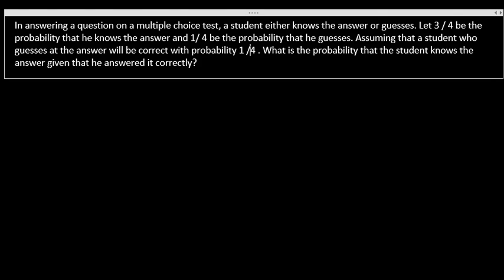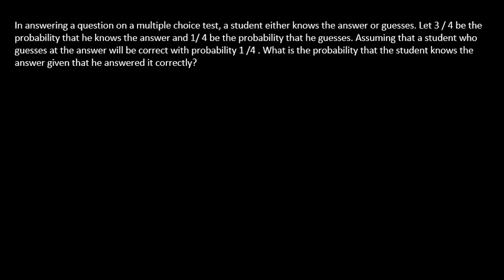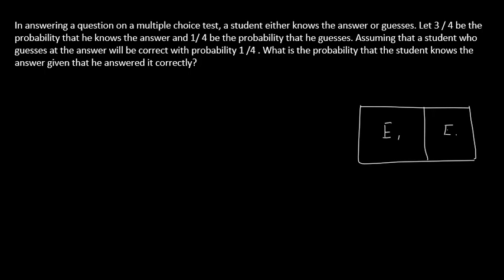Okay, one more problem we will see. In answering a question on a multiple choice test, a student either knows the answer or guesses. So again we have a partition of 2, means either a student knows the answer, or he guesses it. Now let 3 by 4 be the probability that he knows the answer and 1 by 4 is the probability that he guesses.